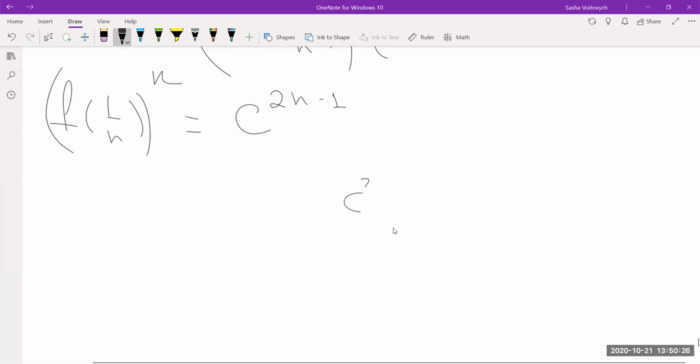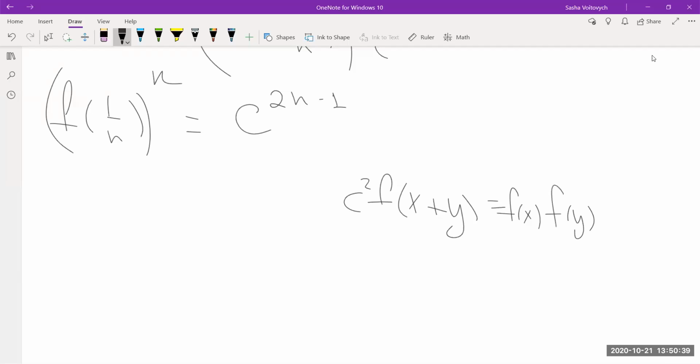So we know that f of x plus y is equal to f(x) f(y). Then this follows, right? Because x over 2 plus x over 2 is equal to x.